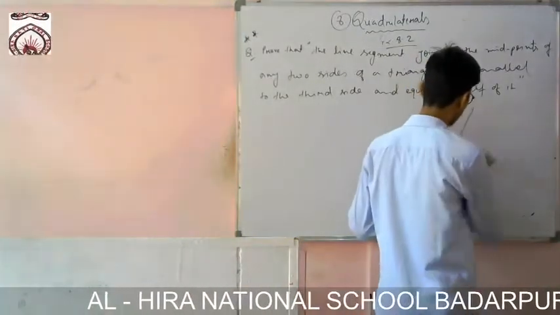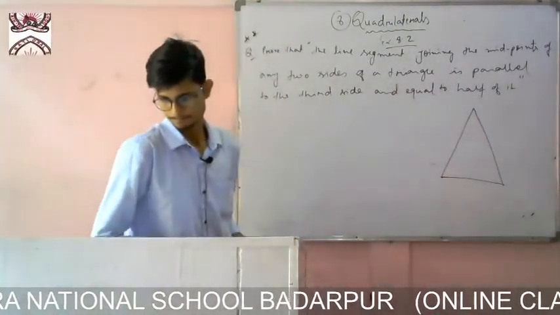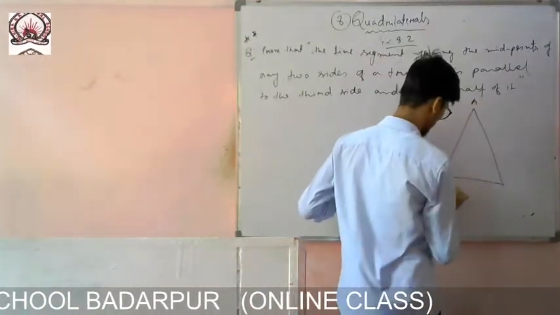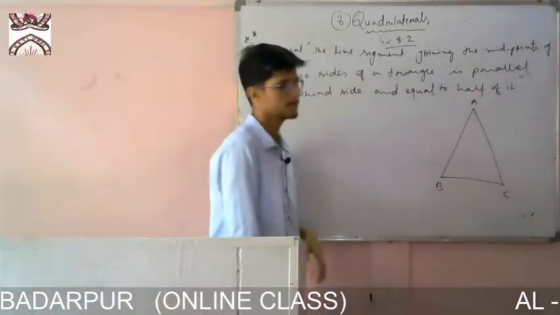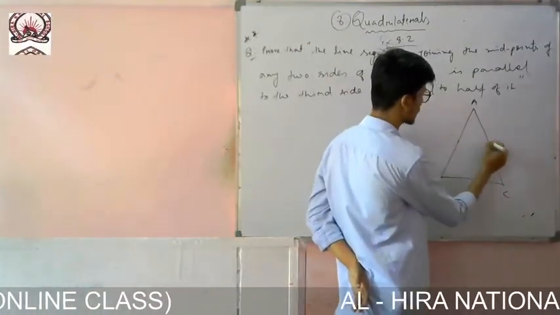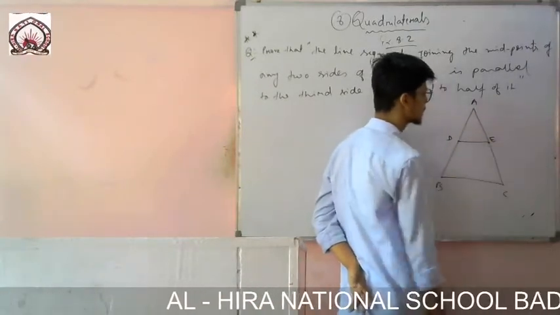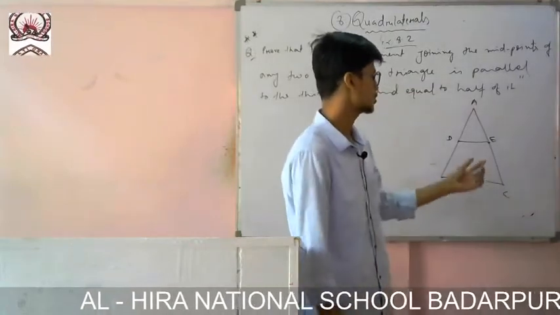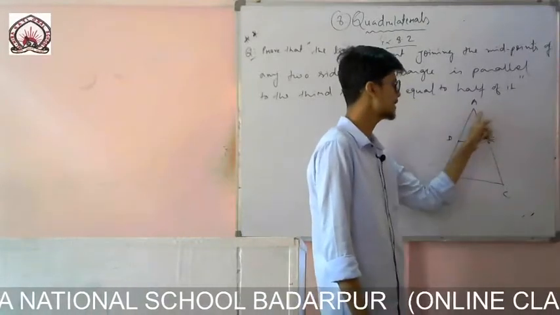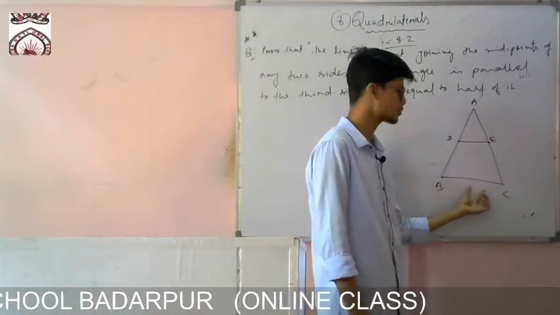So if I draw a triangle like this, you see here, I am drawing a triangle ABC. If ABC is a triangle and D and E are the midpoints, then the theorem says that if D is the midpoint of side AB and E is the midpoint of side AC, then DE will be parallel to BC.